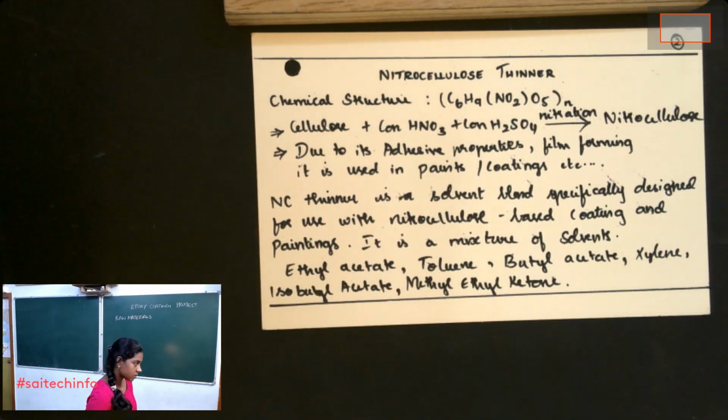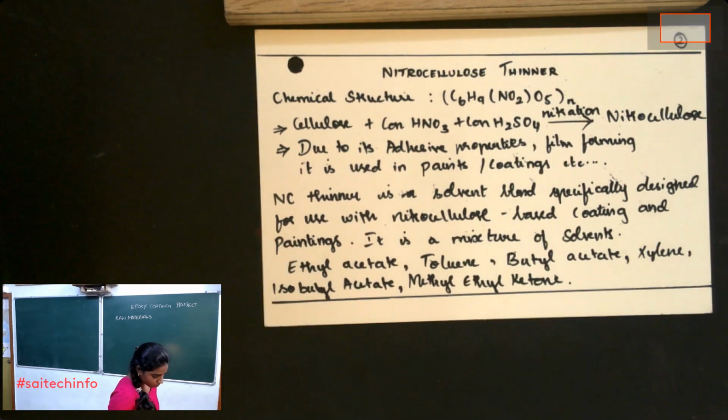That thinner actually consists of these materials only, with ethyl acetate and butyl acetate as the main true solvents, and there will be a diluent also. Like a blend of these solvents, it is supplied as nitrocellulose thinner. We here used this as a cleaning agent only, a cleaning thinner.